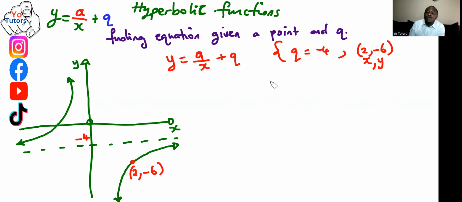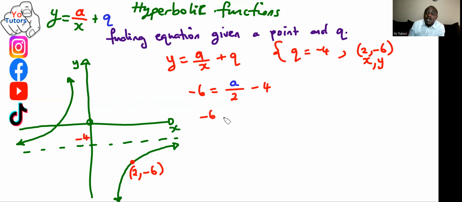So what are we going to do? We're going to substitute y = -6. -6 = a over x, which is 2, plus q, which is -4. In this case we are looking for a. So let me just put a there so that we know that we are looking for a. Then we take -4 to that side.